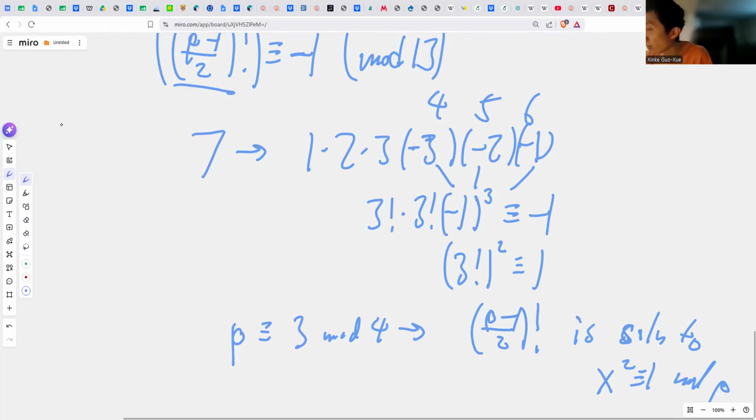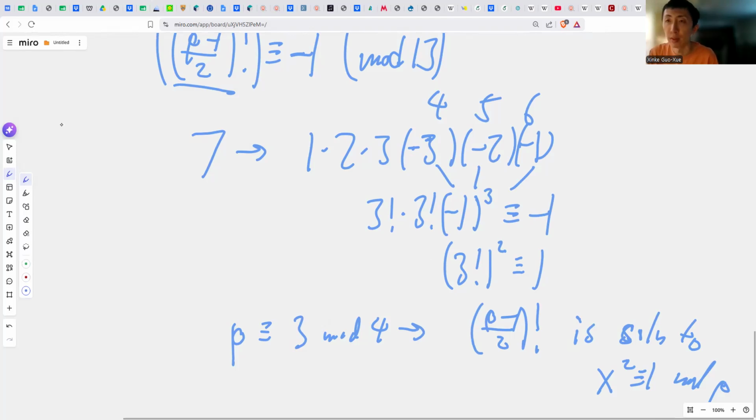So at the very least, ((p minus 1) over 2) factorial is a square root of 1, which we saw means it's plus or minus 1. And maybe we can say more.